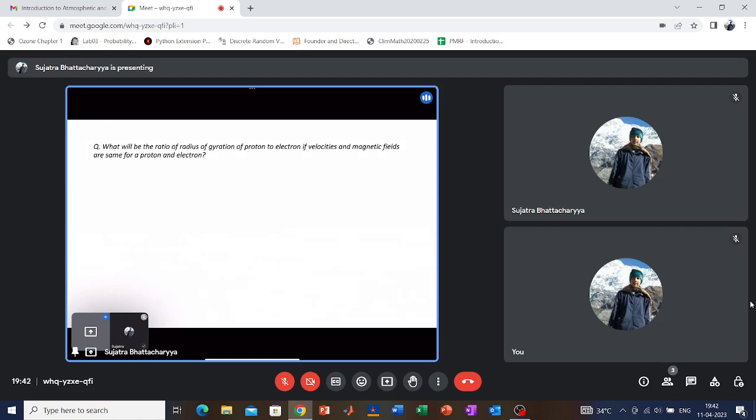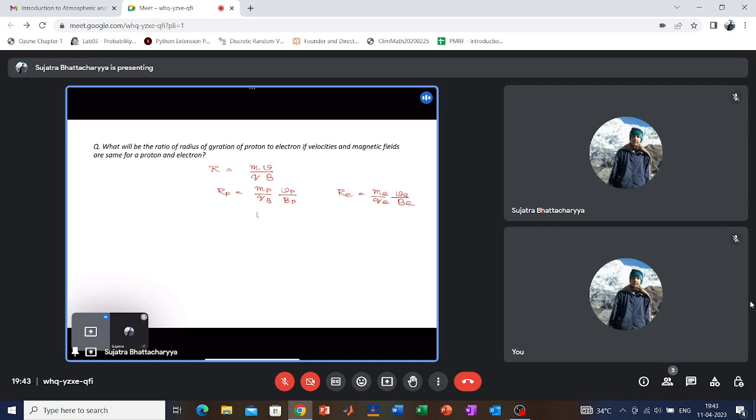So just write the expression of the radius of gyration. Right? This is the expression. Now R for proton will be equal to MP by QP by VP by BP, and for electrons it is ME by QE VE by BE.